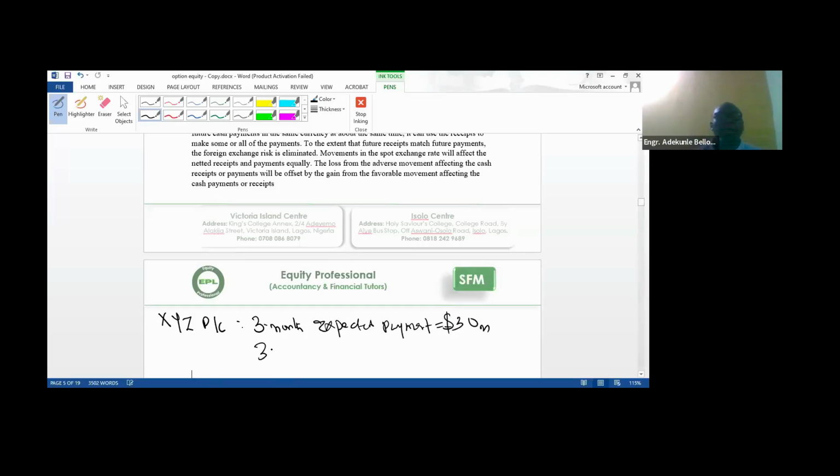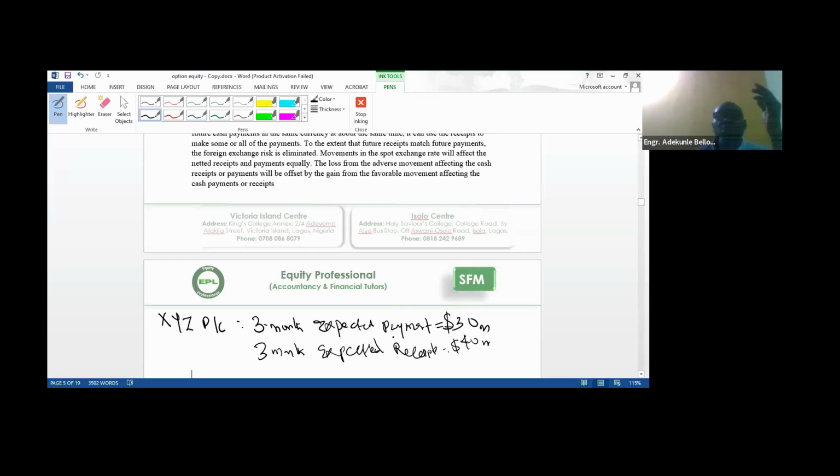We also have 3 months expected receipts of $40 million. Both transactions are in dollars. One transaction involves payments in dollars. The other is receipts in dollars.